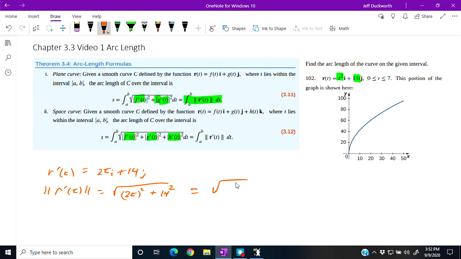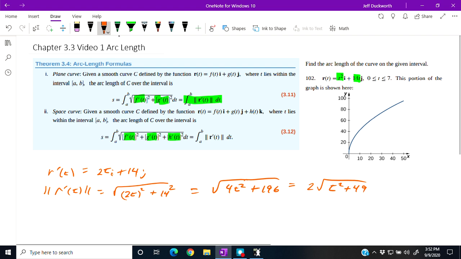So it looks like 4t squared, and then this one is 196. And we can simplify this further. Pull out a 4, so we'll get 2 on the outside. We've got the square root of t squared plus 49. So we're going to then have to integrate that.